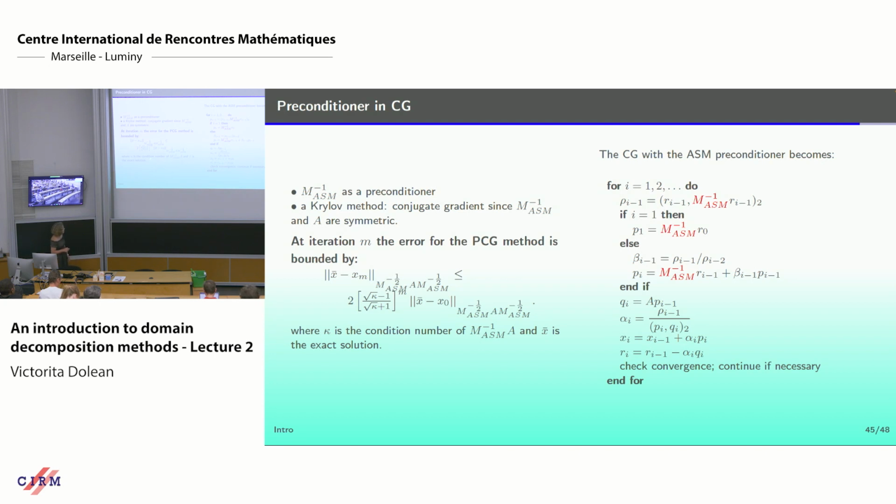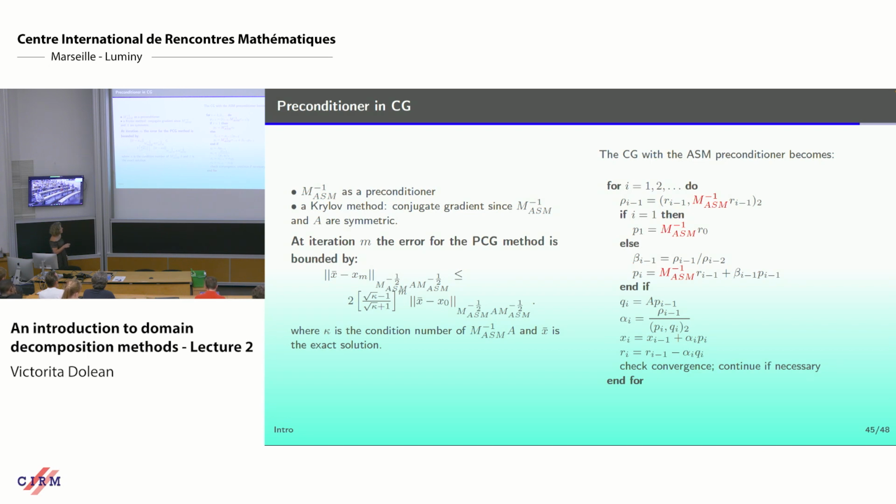So now what I have here is probably something that you haven't seen under this form. Here it's an estimate of the convergence of the linear system with the preconditioner. Here is the initial error, which is computed in some norm. It's a strange norm in which you have a symmetric version of the preconditioner matrix. So this is the norm of the initial error, and the norm of the error at iteration m. And here is the convergence factor.